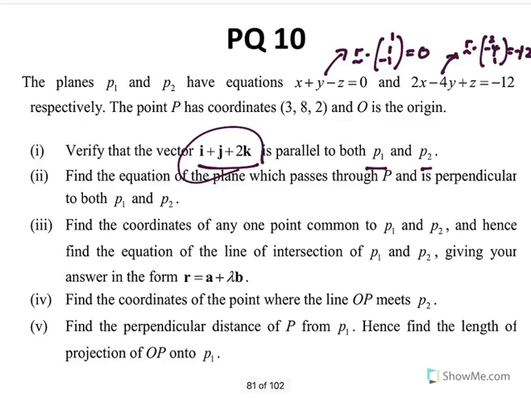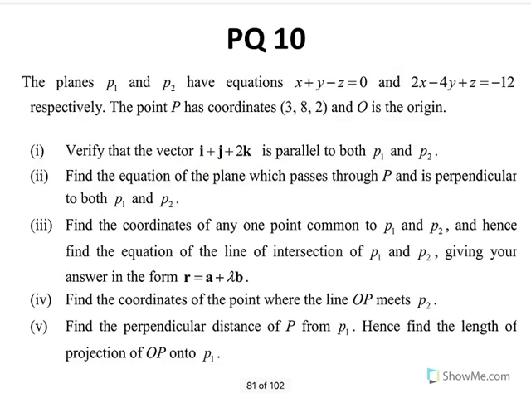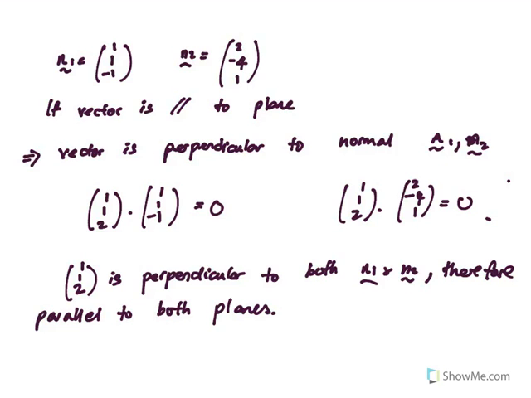Okay, after that, find the equation of the plane passes through P perpendicular to P1 and P2. Passes through P perpendicular to plane 1 and plane 2. If my plane is perpendicular to plane 1, so this is my plane, this is my first plane, right?